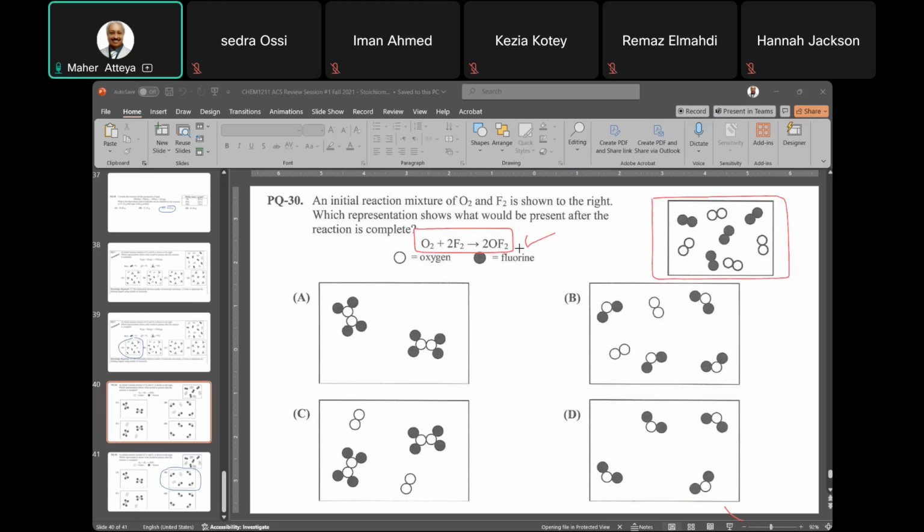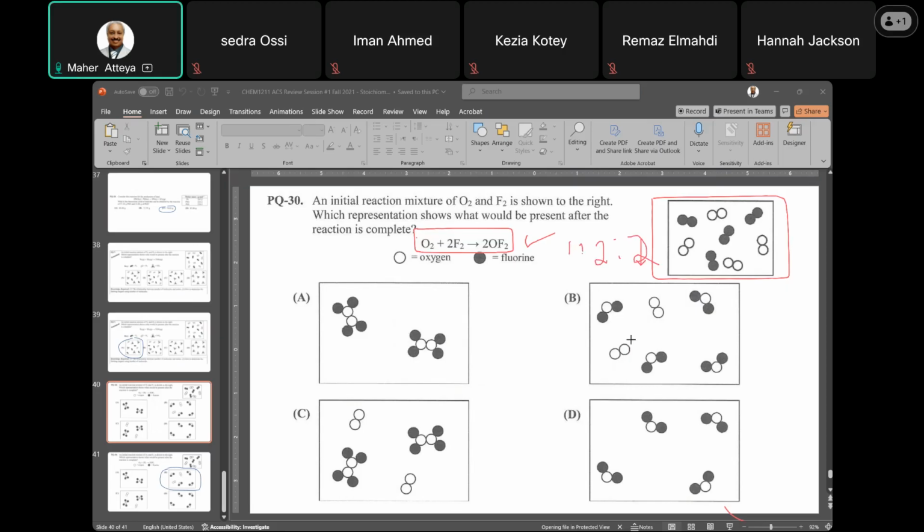Now you have to look at the ratio. 1 mole is understood. So the ratio is 1 to 2 to 2.